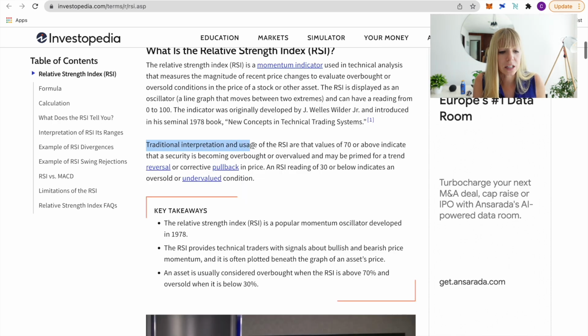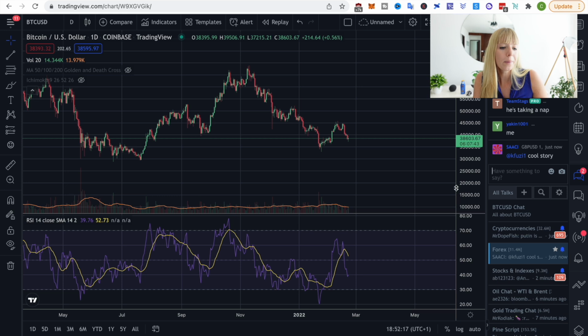Traditional interpretation and usage of the RSI are that values of 70 or above indicate that a security, or a cryptocurrency in our case, is becoming overbought or overvalued and may be primed for a trend reversal or correction pullback in price. An RSI reading of 30 or below indicates an oversold or undervalued condition, meaning the opposite, that a price reversal is expected. So let's go back to TradingView.